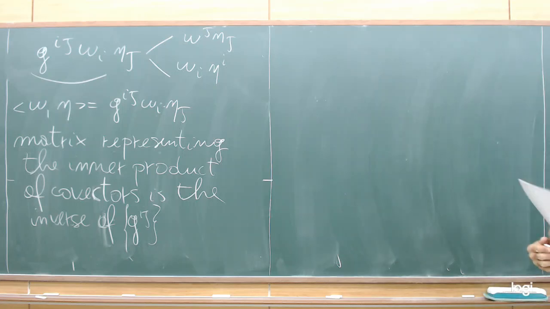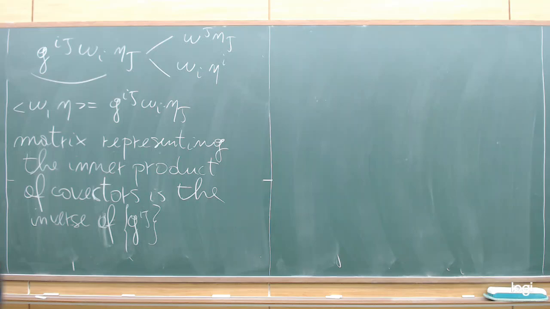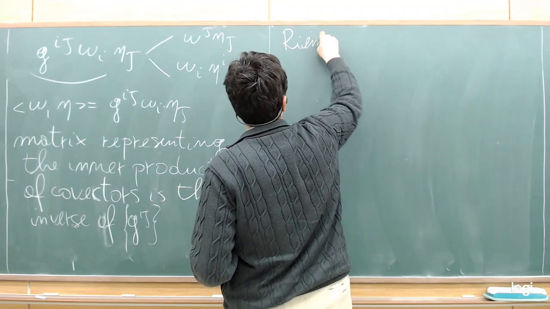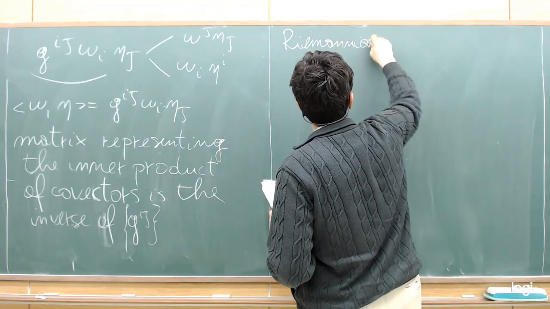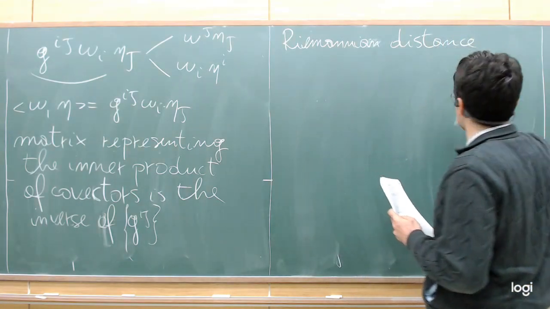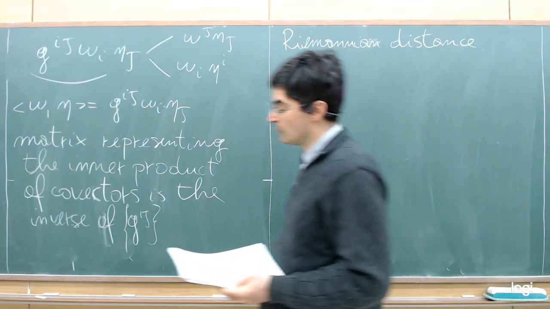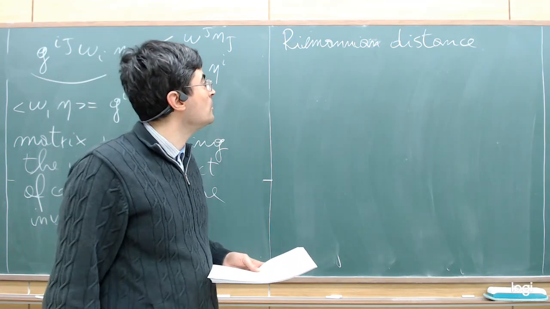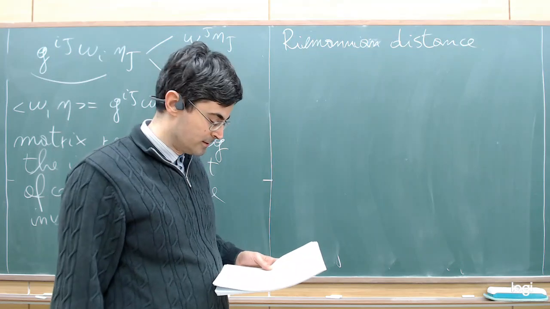Now let's change topic and let's talk about Riemannian distance. So far we have seen what the metric is. Now we want to start answering the question, what can we do with a metric?